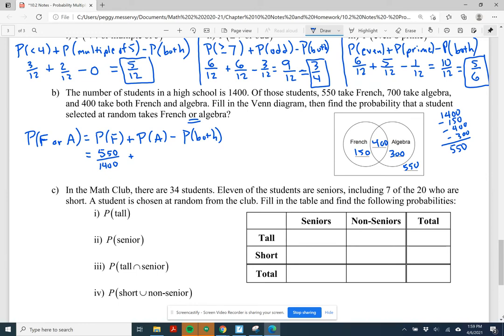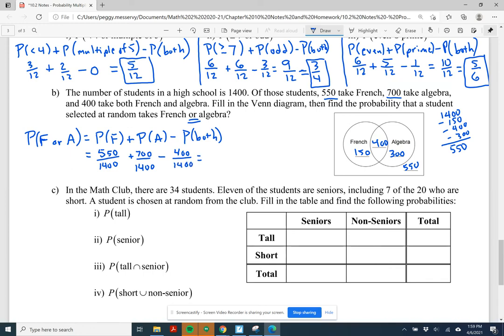Probability that they take algebra is my 700 over 1400. I'm going to show you how to use the Venn diagram to do this in a minute. So probability of French, there are 550 out of the 1400 students taking French. Probability that a student is taking algebra is 700 over 1400. But then we have to subtract the probability that they're taking both, which is 400 out of 1400.